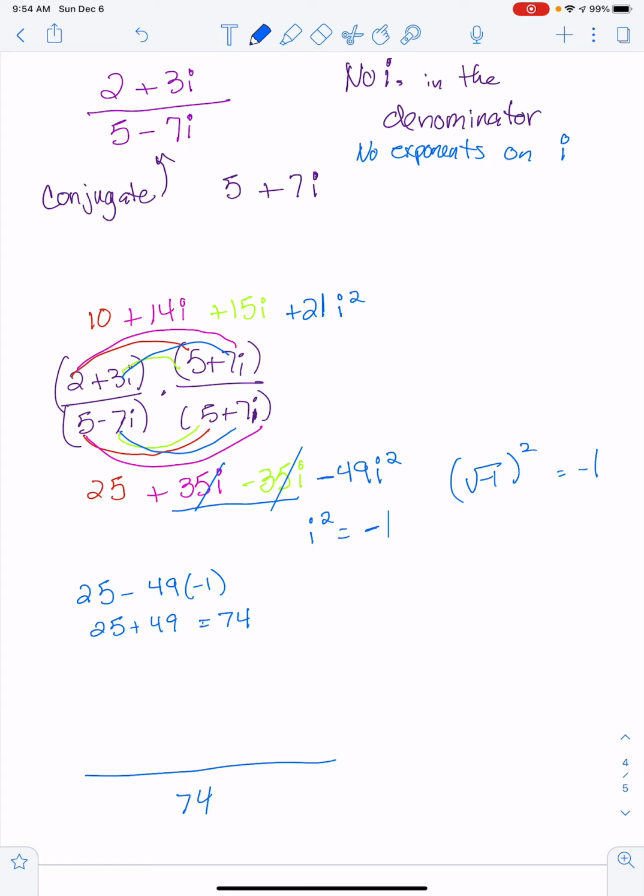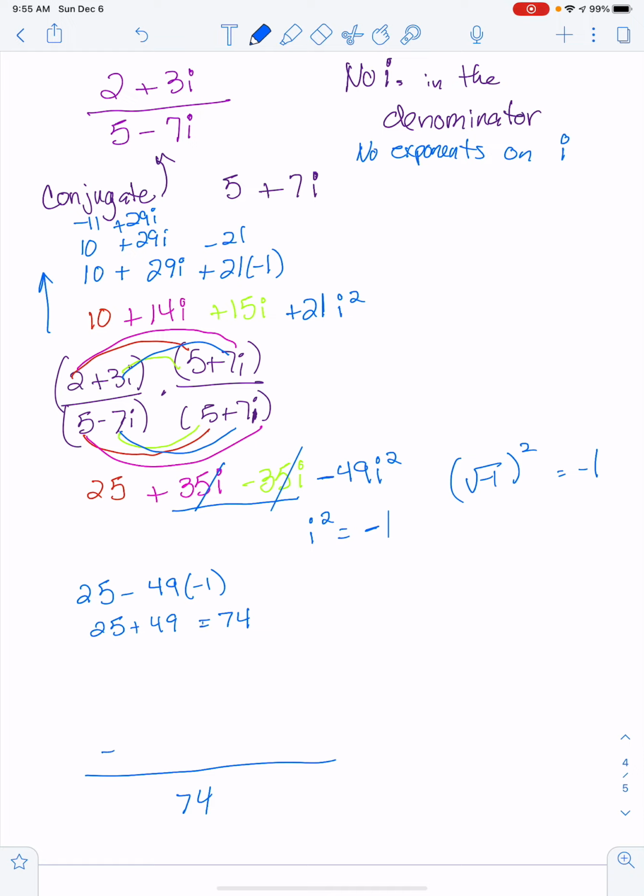So we're going to go back in here, and I'm going to start doing some things. Combine like terms. This becomes 29i, but this part becomes 21 times negative 1, because i squared is negative 1, just like we showed before. So this is going to become minus 21, 10, 29i, and that's going to become negative 11 plus 29i.